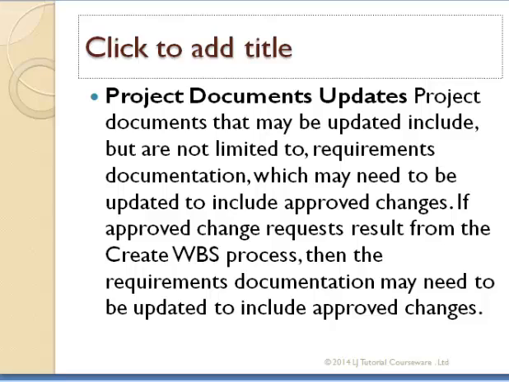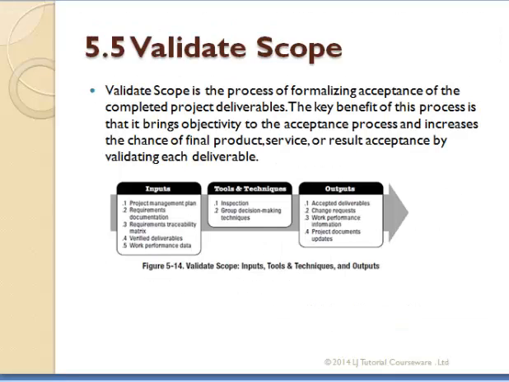The next one, the fifth division under project scope management, is to validate scope. Validating scope is the process of formalizing acceptance of completed project deliverables.